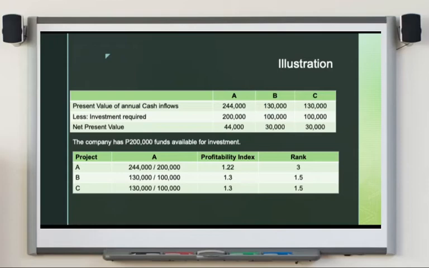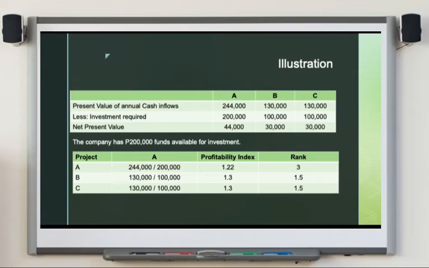Okay, actually, another consideration is that we only have 200,000, and project A has an equivalent investment requirement of 200,000 also.